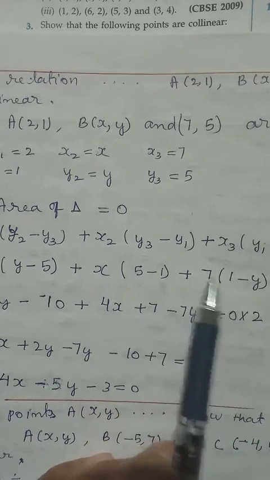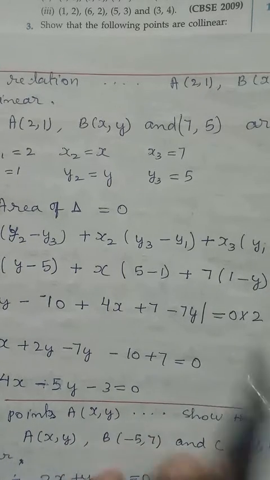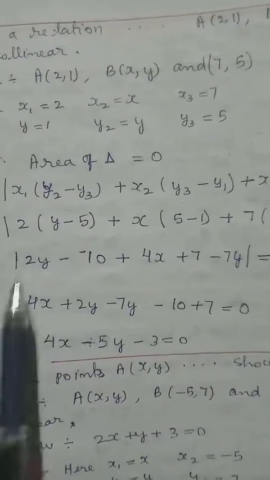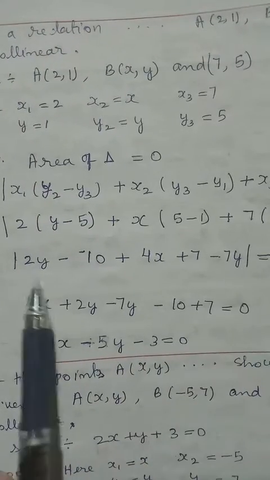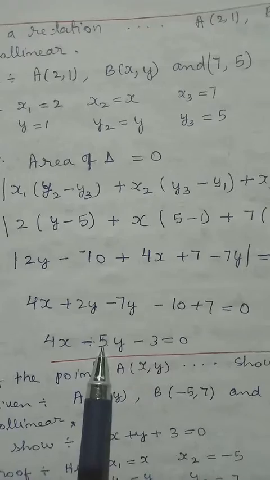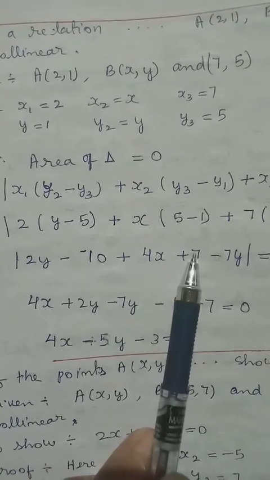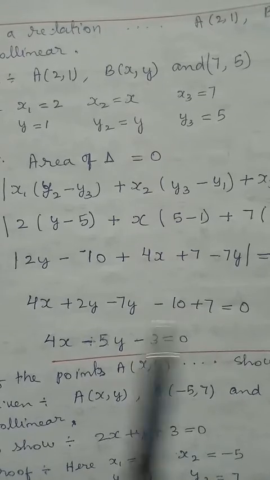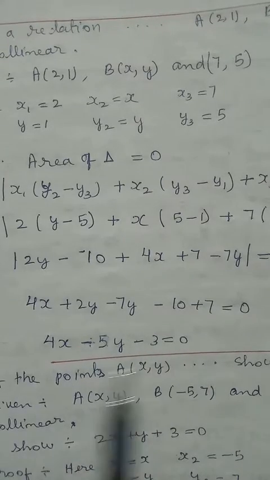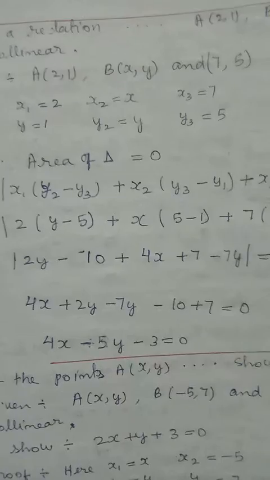So multiply them. 7 into 1, 7 into minus y. So there 2y, 7y will be 5y. Okay, 4x alone minus 10 plus 7, so minus 3. After that we cannot do anything, so this is the required relation.